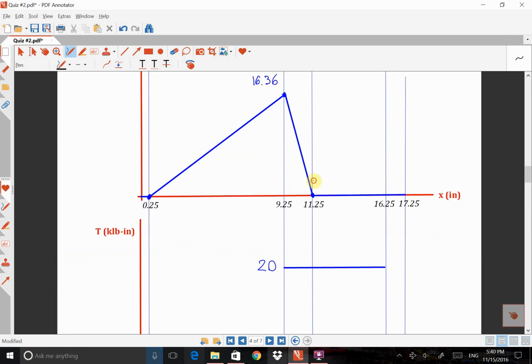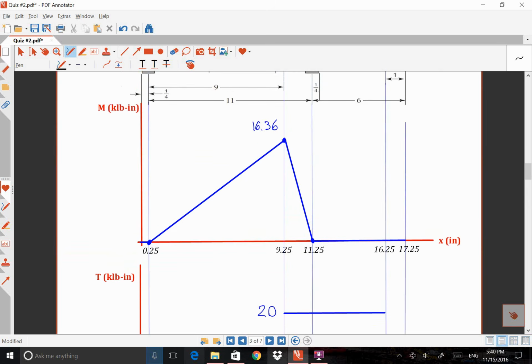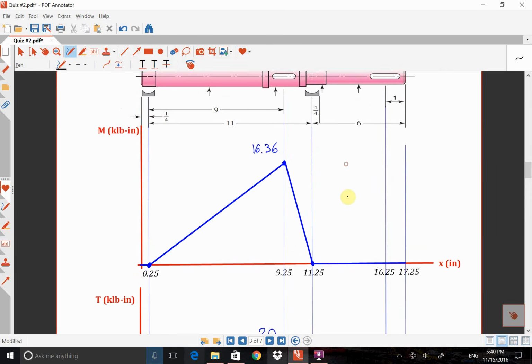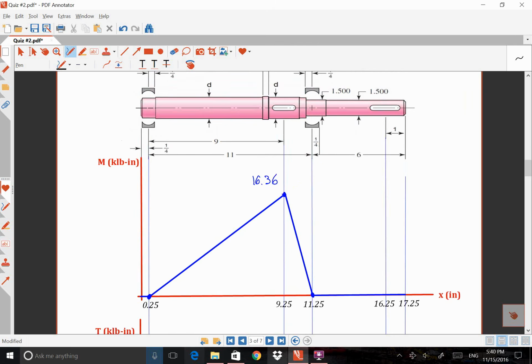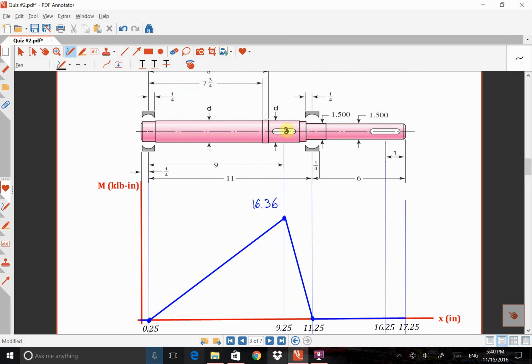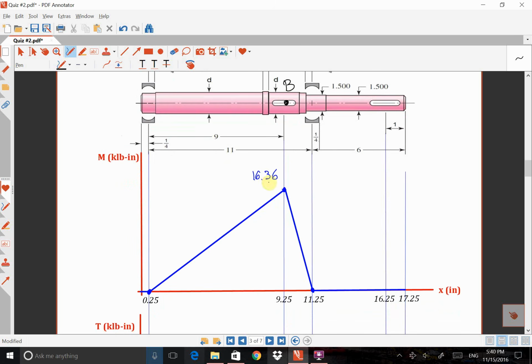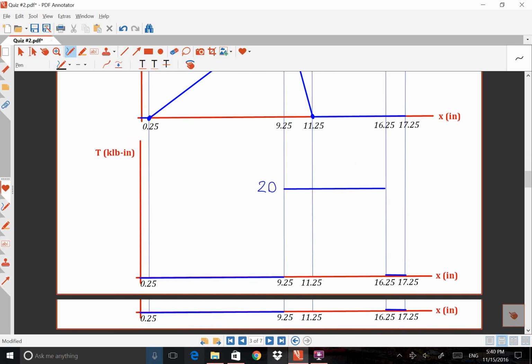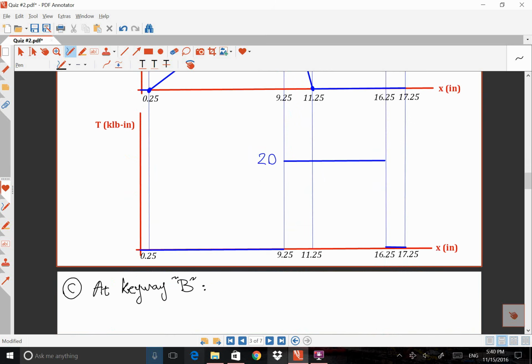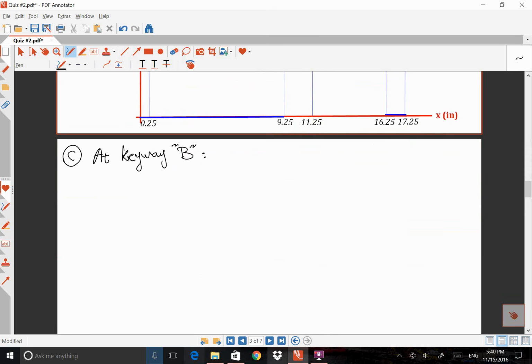Okay, so if I come back to my moment diagram, this is keyway B. This point. That's my point B. The amount of moment at this point is 16.36 and the amount of torsion is 20. So I'm going to rewrite the information for that point.